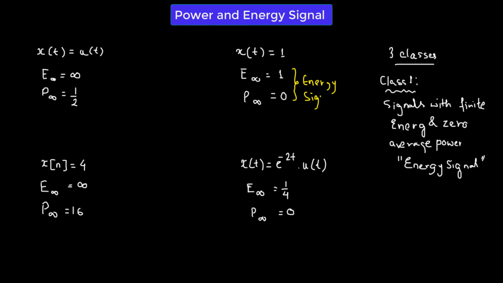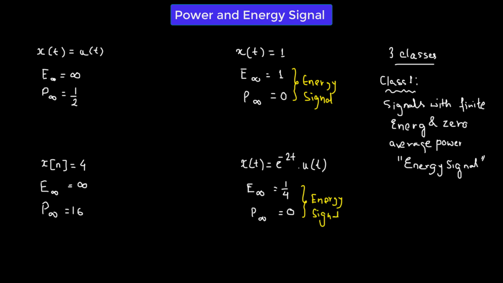We can see that its average power value is 0. Now for the fourth one, where the continuous time signal is e raised to the power of negative 2t times the unit step function, this also has a finite energy value and 0 average power value. So this is also an energy signal.